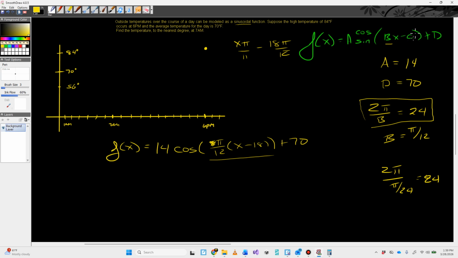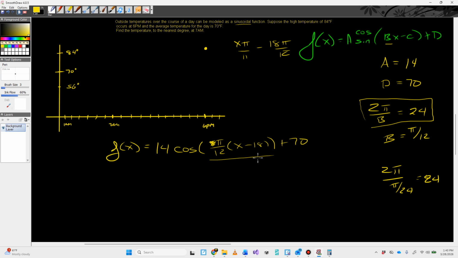That my c value would then return as 18 pi over 12. But we can actually write it in this way. We can write it with the b value, pi over 12, and this is my offset, x minus the number of units that I'm offset. So I now have my function.